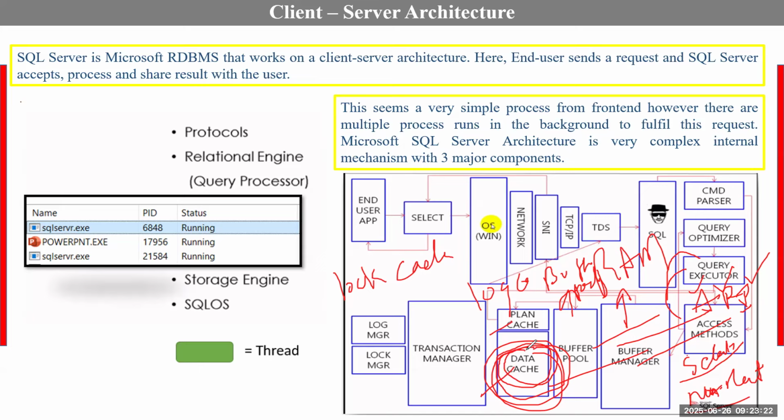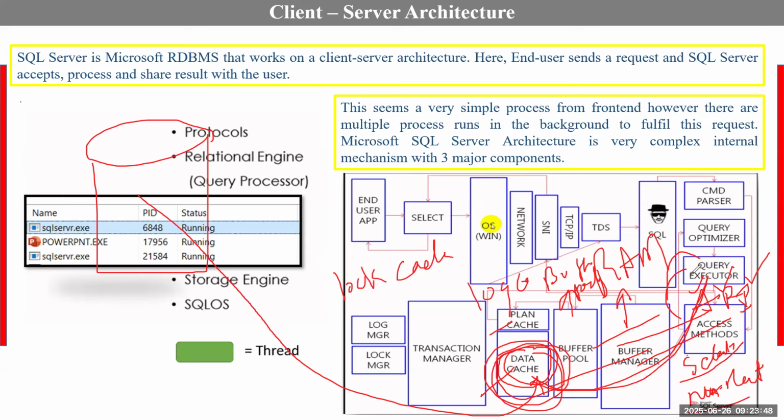If the data is not available, it will get the data from the database, place one copy in the cache, and send the same data to the user.